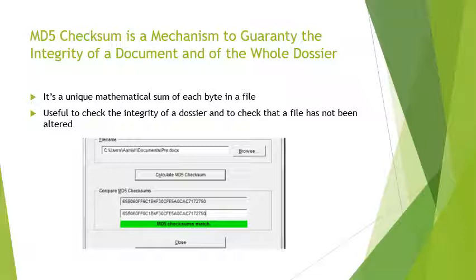Now, considering the criticality of an ECTD, it contains all the information of the drug product, and also it's in electronic version, which can be easily altered. It should have some security. For that, there is MD5 checksum. It's a mechanism to guarantee the integrity of a document or of the whole dossier.